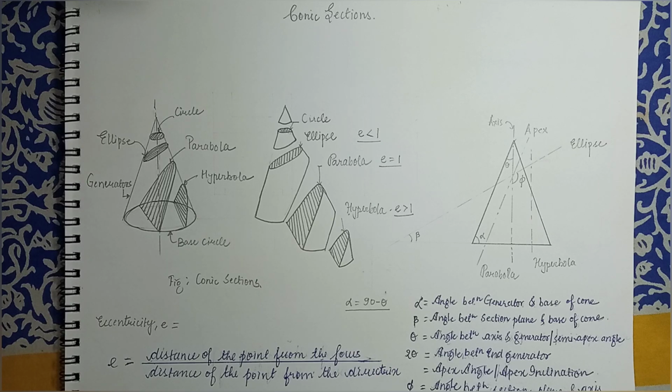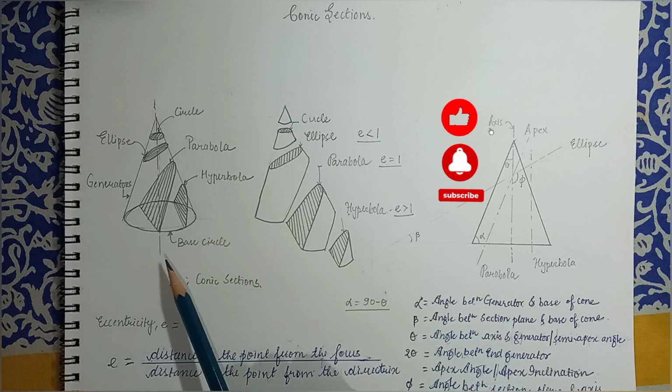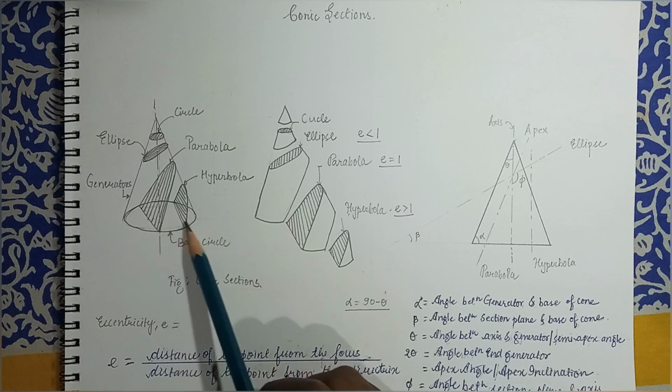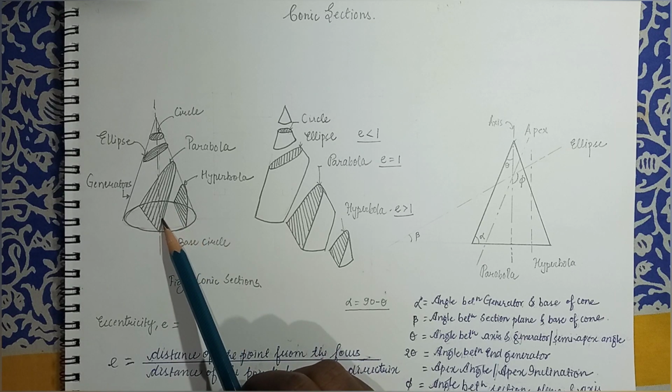The section obtained by the intersection of a right circular cone by a plane in different positions relative to the axis of the cone is called a conic section. So we have a right circular cone. The axis and the base circle are perpendicular to one another.